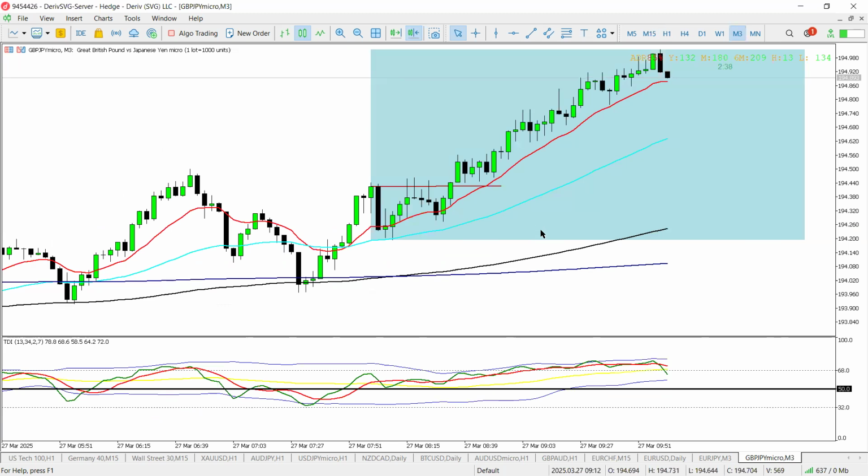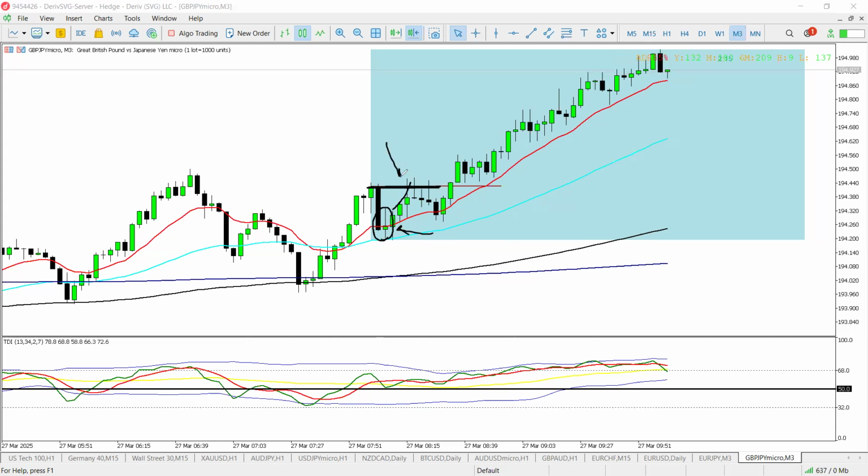So if we come to the 3-minute, which is my entry time frame, what you will notice is we had a nice reaction just as that open happened. We had a nice doji. We also had a pin bar. Price pushed. I was looking at a break of this order block and a close above for the safest entry.